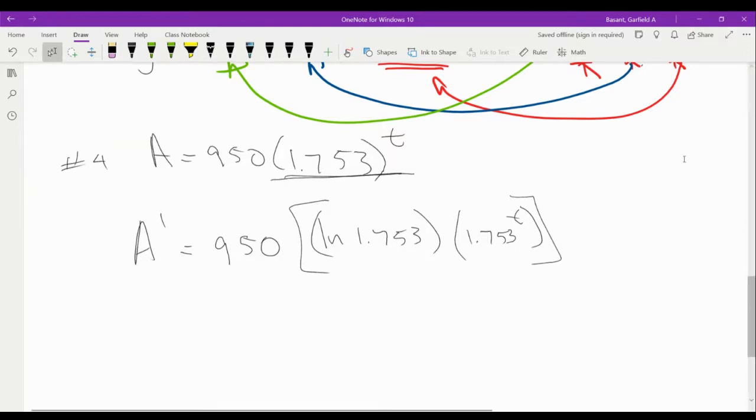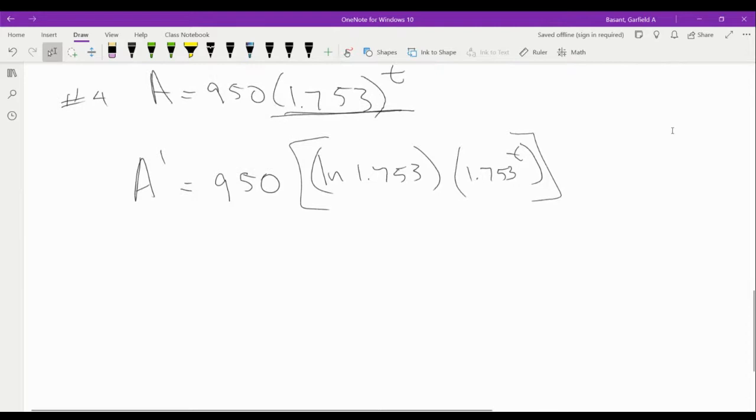Faith, you got that? And someone else was, who else? Marta, you okay with that now? Because your original said we're going to take the ln of 950. Okay.